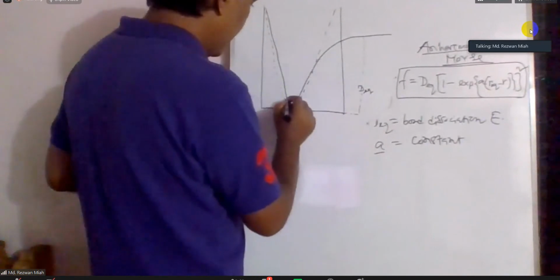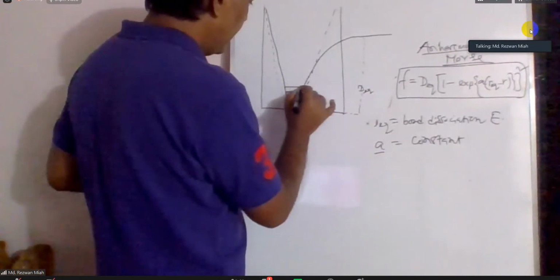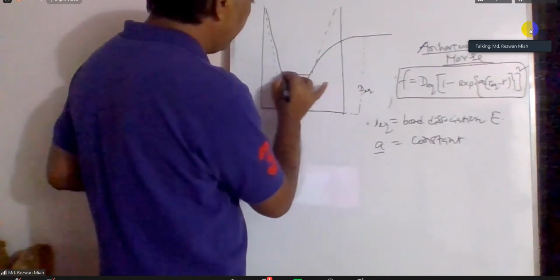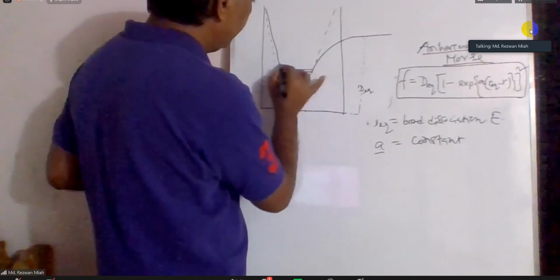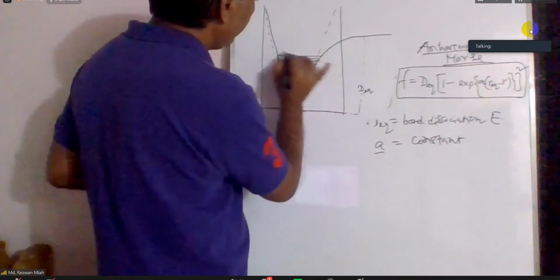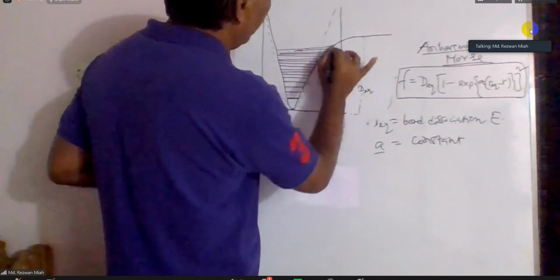Suppose this distance is the equilibrium, and here is the zero level and the upper levels. As we go upward, the lines become very close to each other, and at a certain value the bond undergoes rupture. Suppose this one undergoes rupture.